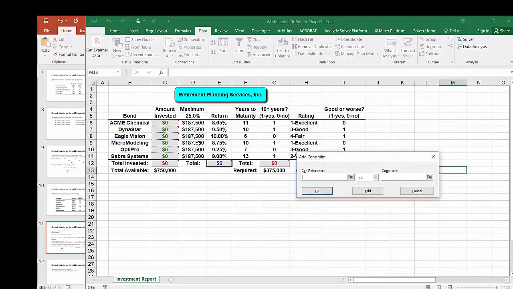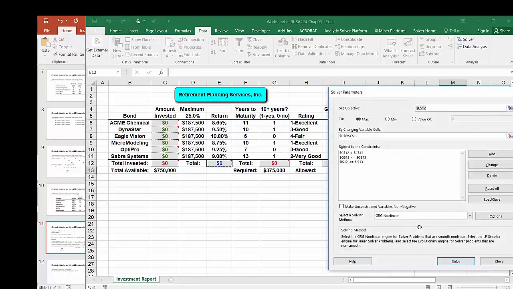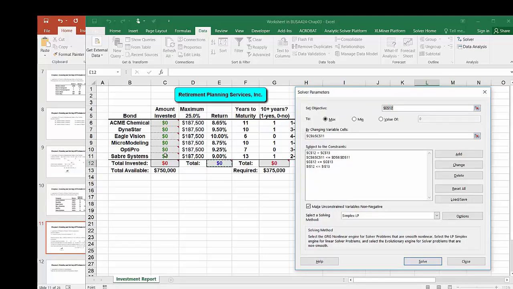The constraints are that this should be less than or equal to this value, and this should be less than this value, and all of the investment should be exactly the same as the total amount of money we have. Then we set the variables to be non-negative, and the solution method is simplex linear programming, and the money we invest in each asset should be less than 25% of the funds.